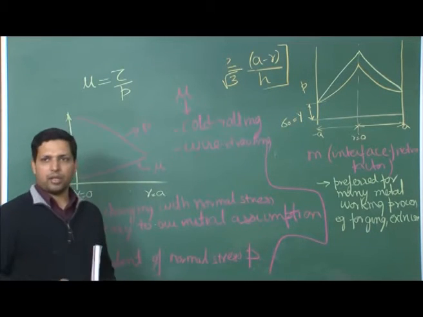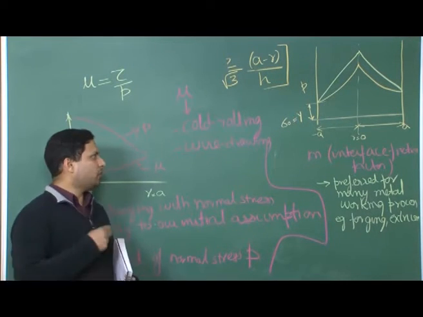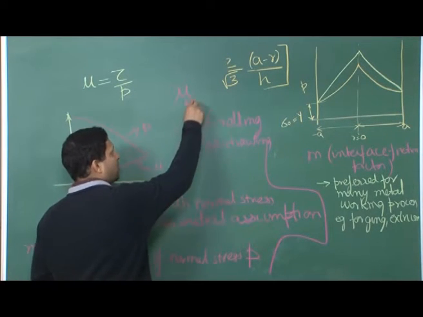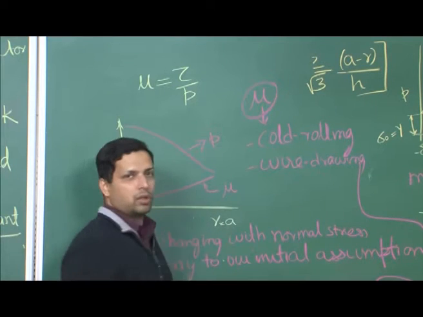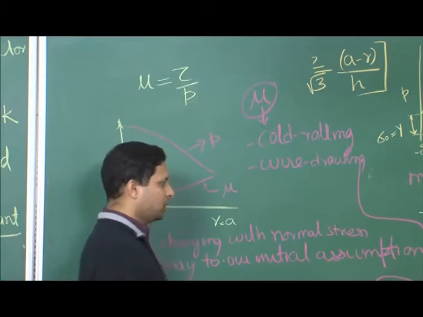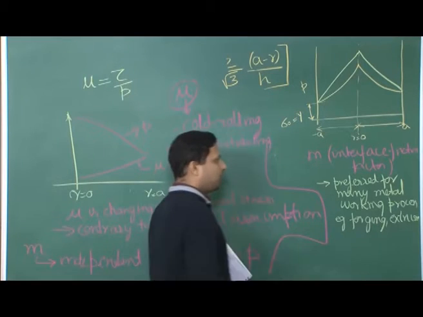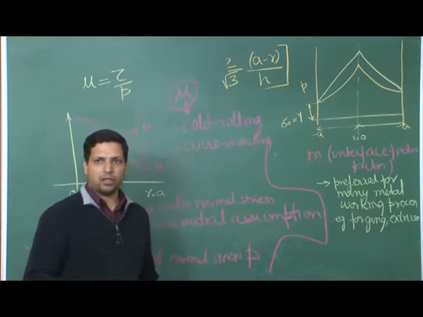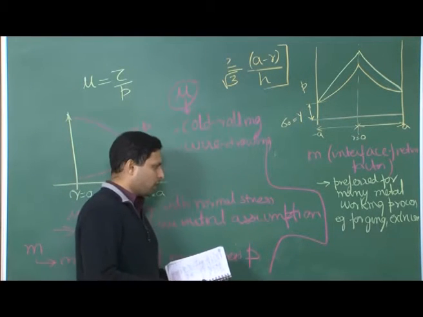One, that they are low temperature, second that the overall deformation is much smaller. Therefore, we can say in general mu is preferred when you have low deformation and low temperature, and M is a preferred parameter to define friction when you have high temperature and very large deformation to be taken into account.